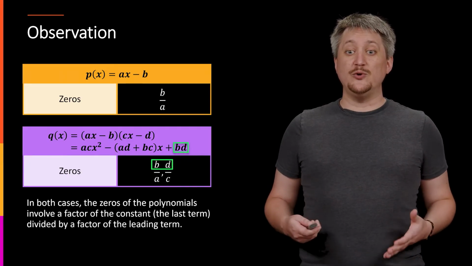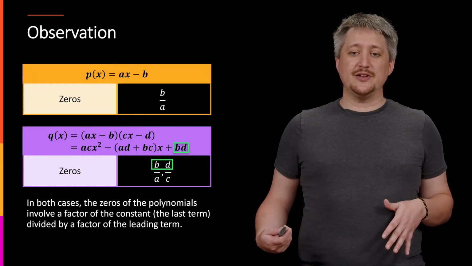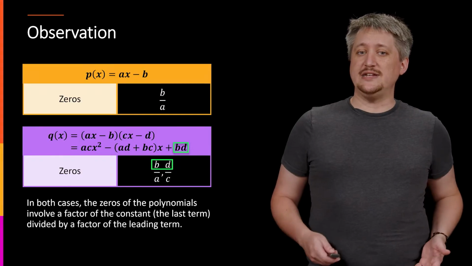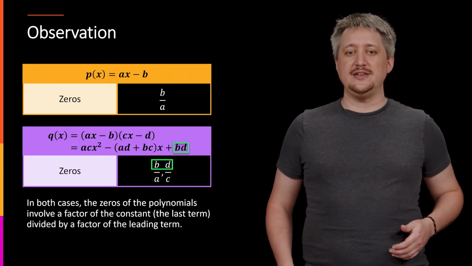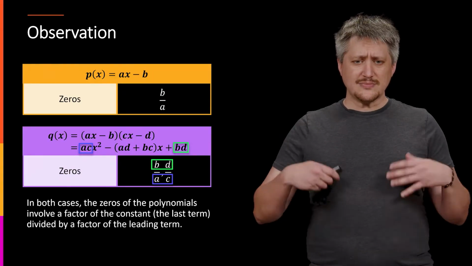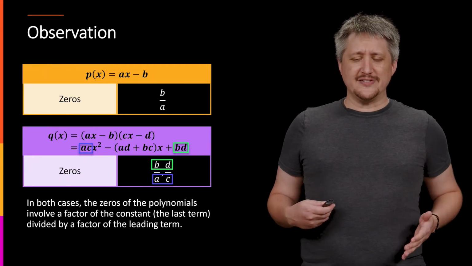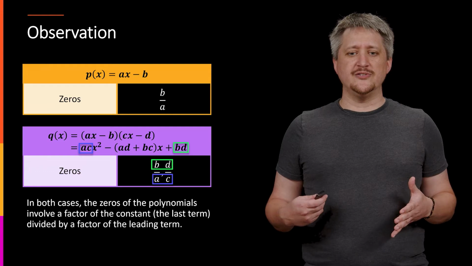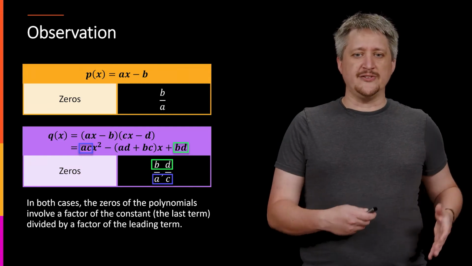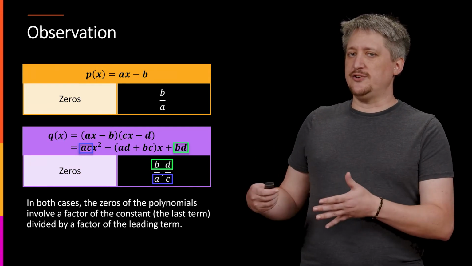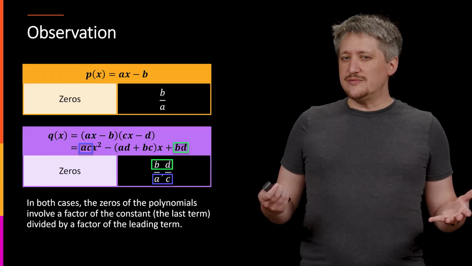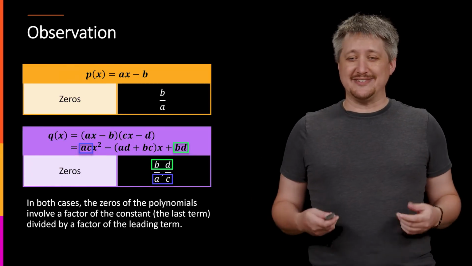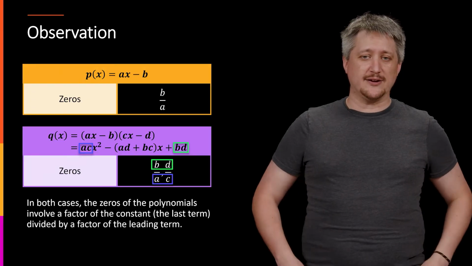I'm going to take one of those factors and divide by a factor of the leading coefficient, so a up top, or this a times c down there. So in both these cases, the zeros of these polynomials are a factor of the constant divided by a factor of the leading coefficient, which is great-ish. Like, how do we use that? It's a nice observation. Why do we care?